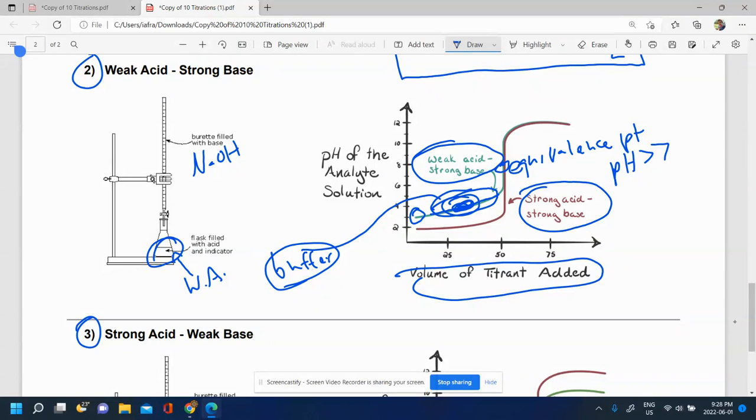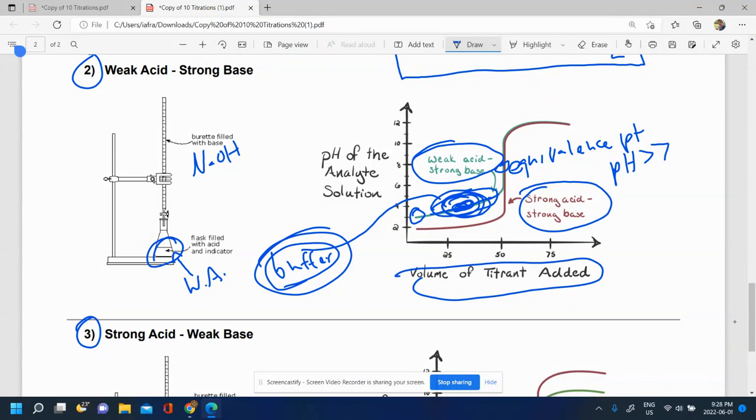And that's because your weak acid has set up an equilibrium with its conjugate base, and they've created what's called a buffer, where essentially it's a system that's set up in equilibrium to resist pH change.